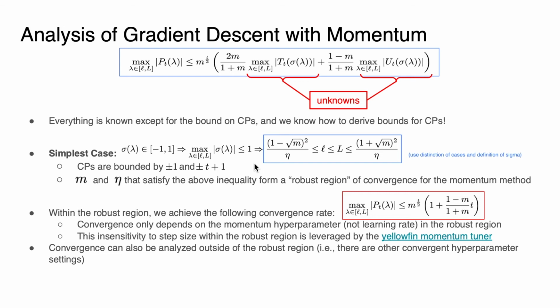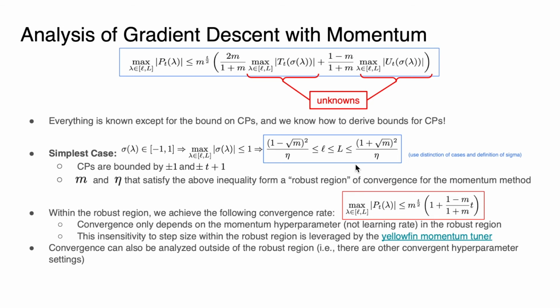If we use a distinction of cases and invoke the definition of sigma, we end up with this inequality here related to the setting of our momentum and learning rate parameters. We refer to the momentum and learning rate parameters that satisfy this inequality as the robust region for gradient descent with momentum.